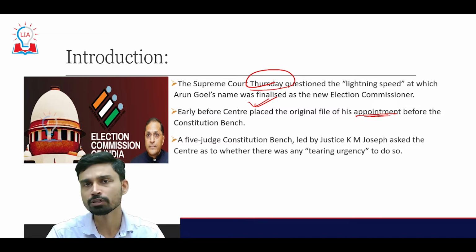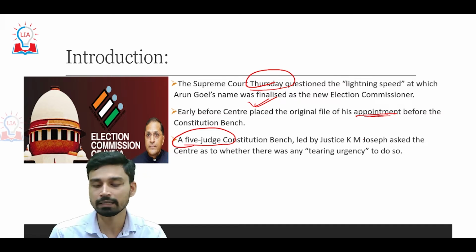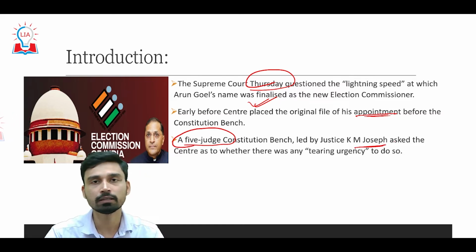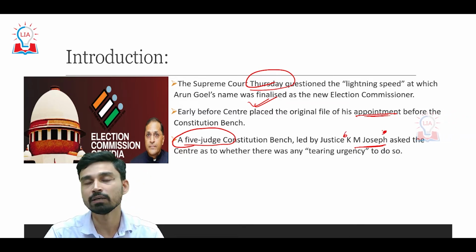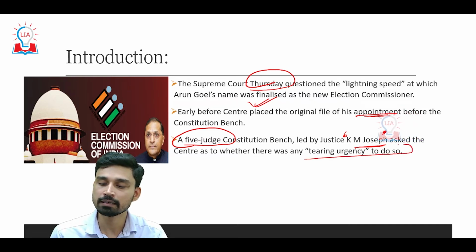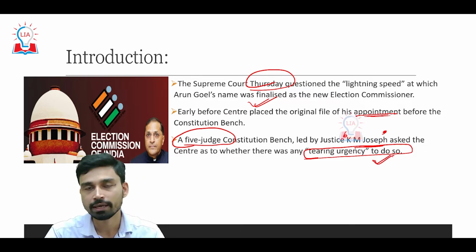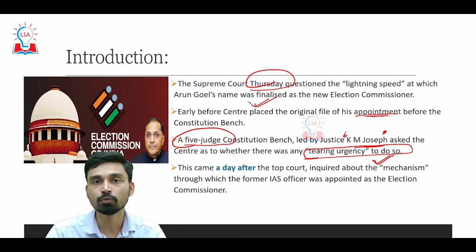Now, a Constitution bench is a bench of the Supreme Court made up of 5 judges, and currently in this matter the bench is being headed by Justice K.M. Joseph. And it was Justice K.M. Joseph who asked the central government to justify whether there was any tearing urgency to appoint the Election Commissioner of India at such a rapid pace without taking into view different stakeholders.